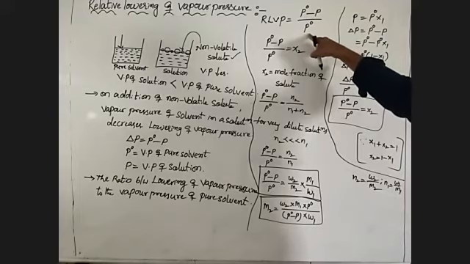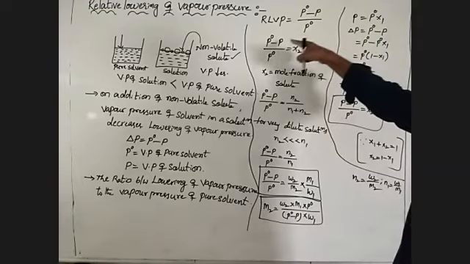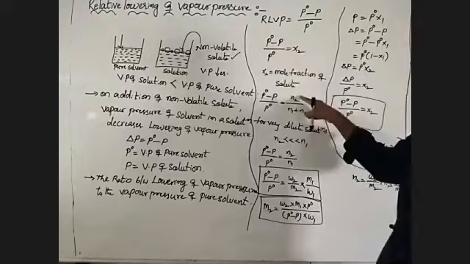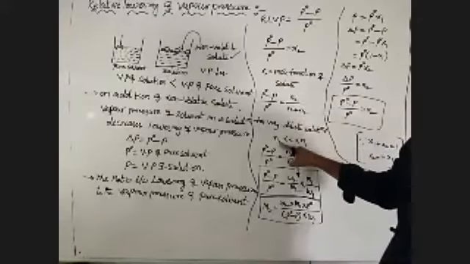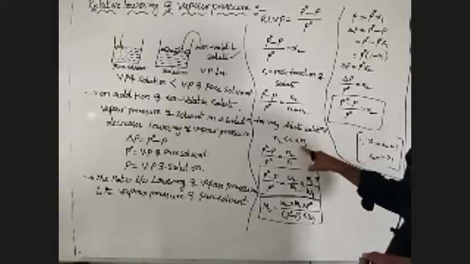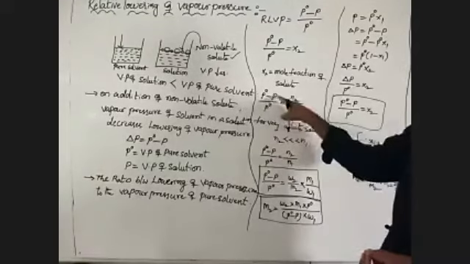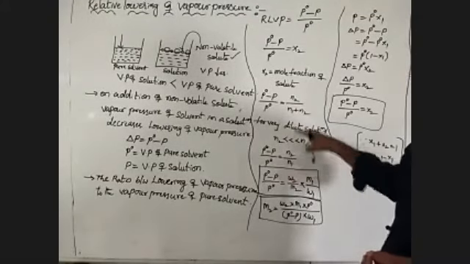According to Raoult's law for dilute solutions containing a non-volatile solute, P naught minus P by P naught is equal to the mole fraction of solute, X2, which is N2 by N1 plus N2. For very dilute solutions, N2 is very much less than N1, negligible. So P naught minus P by P naught is equal to N2 by N1.